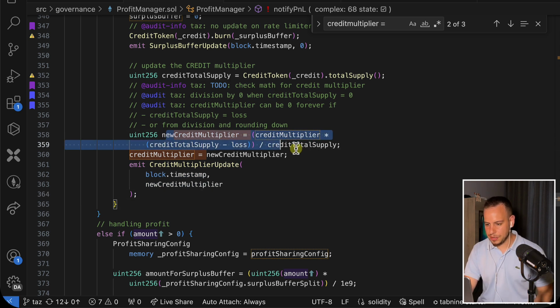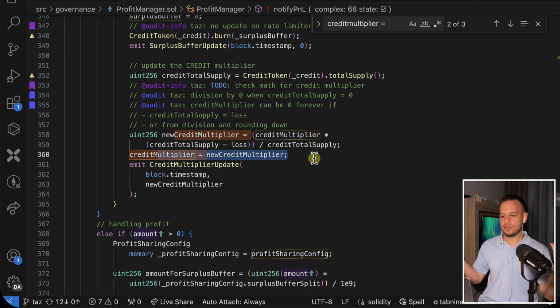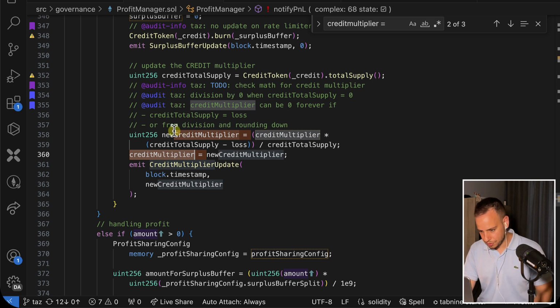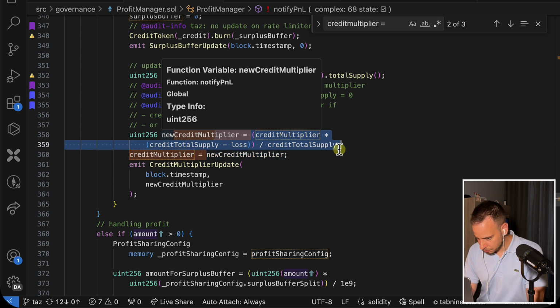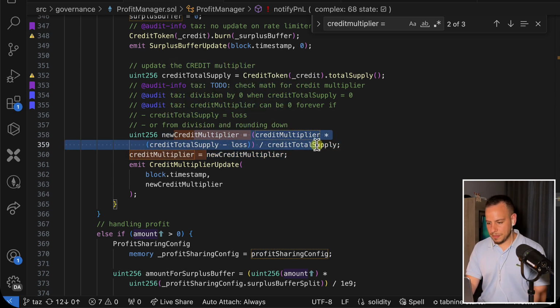As you can see over here, new credit multiplier is being calculated and it's being set for the protocol. And now all the contracts are referring to this new credit multiplier. And as you can see, it can only go down because credit multiplier multiplied by the supply minus the loss divided by credit total supply will always be lower than the previous value that it was before. This is what the math does. This is math.